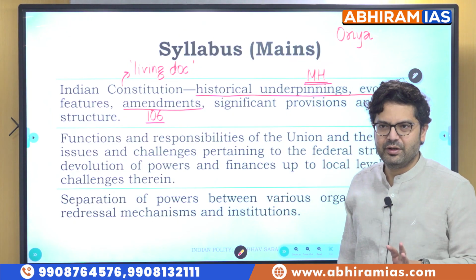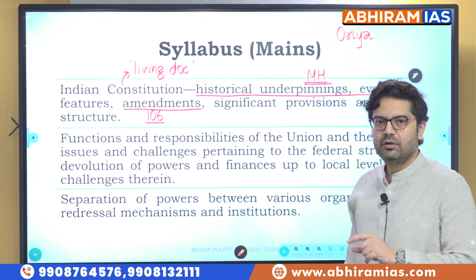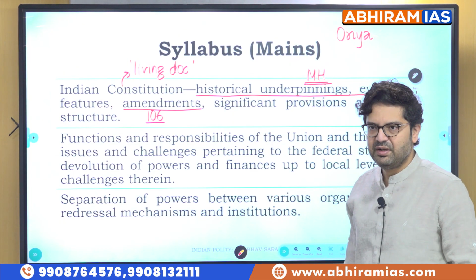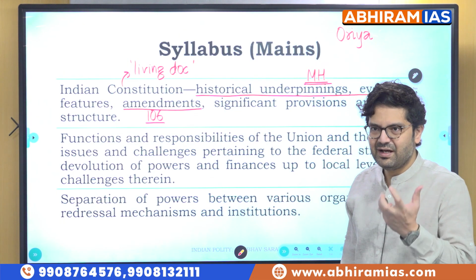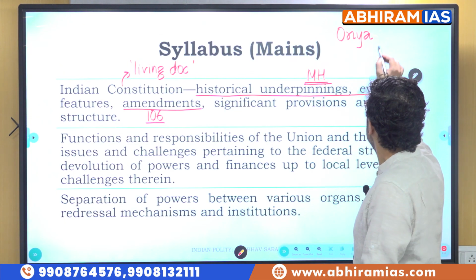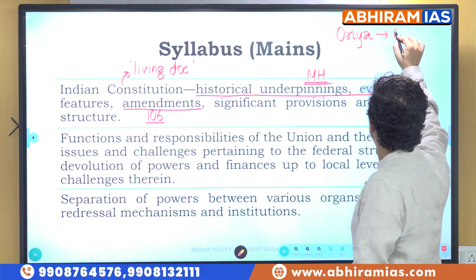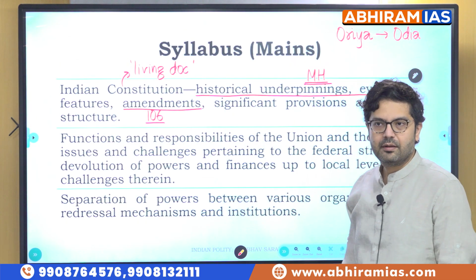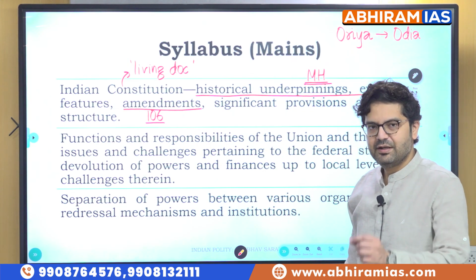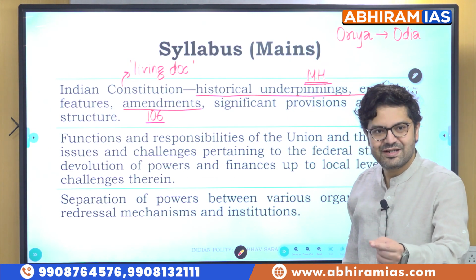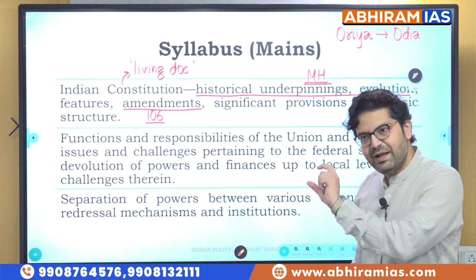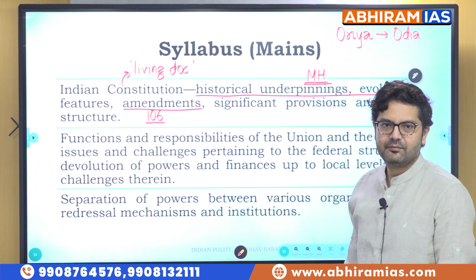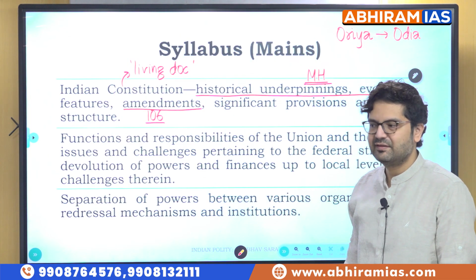It later on was modified. People of Odisha said that this is not the correct spelling. The right spelling should reflect our pronunciation. So it was modified to O-D-I-A. In the constitution also, you had to change the spelling. This spelling change also required an amendment. It was done through the 96th Amendment Act.